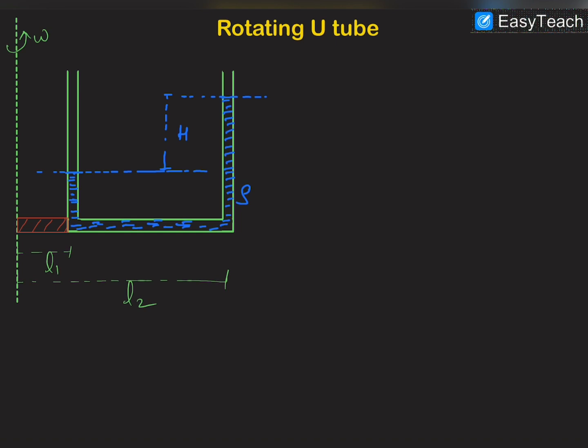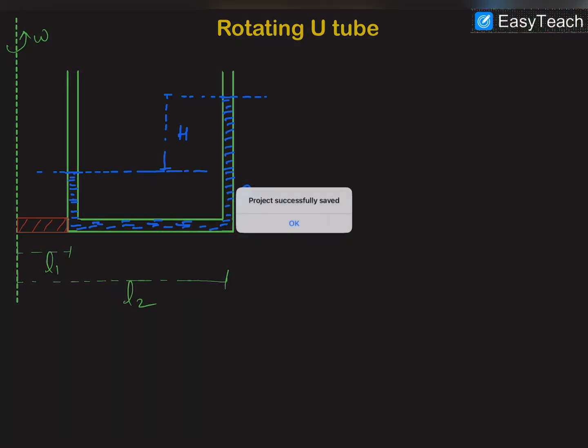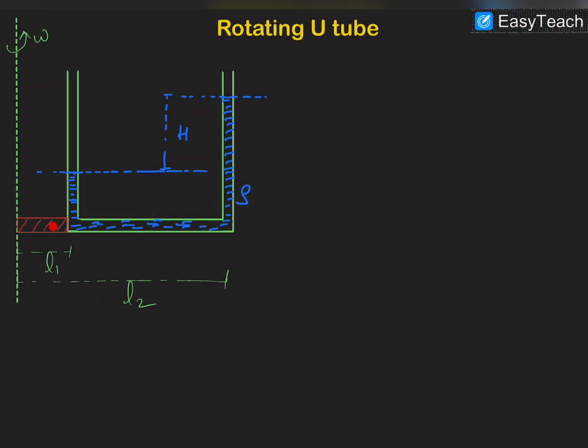Now in the third case, you can see that by some external rod we are rotating this tube about this axis. The distance of this arm of the tube from this axis is L1, and the distance of this arm of the tube from this axis is L2. So by method 1, this is A, this is B. We can say that PA will be equal to P axis.